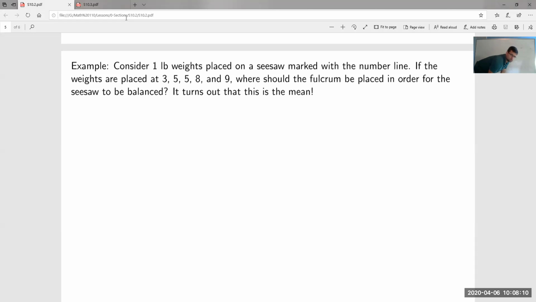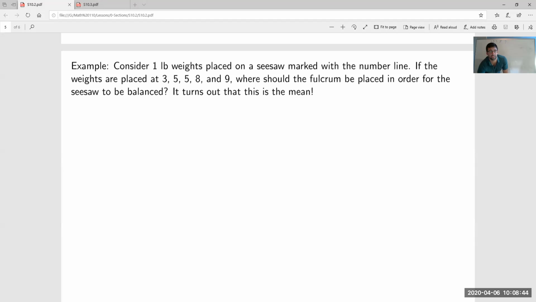So we're talking about 3, 5, 5, 8, and 9. So it turns out that the mean of these is where we're supposed to put this in order to balance it.